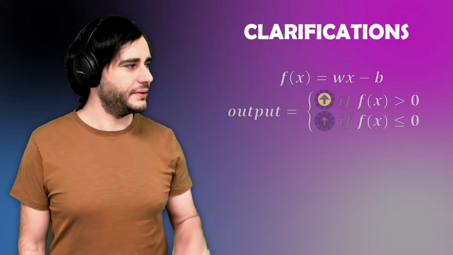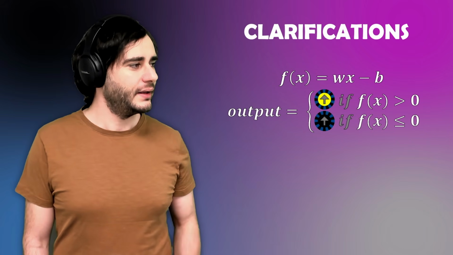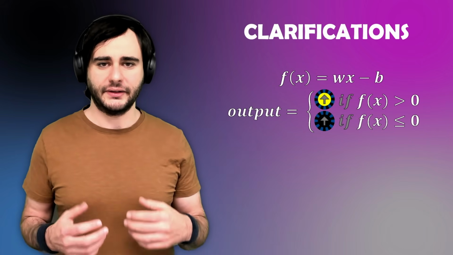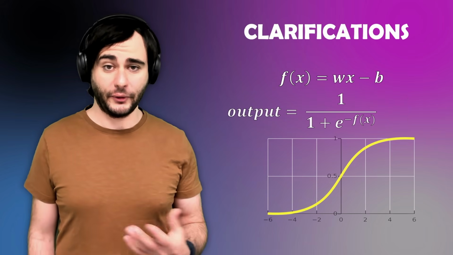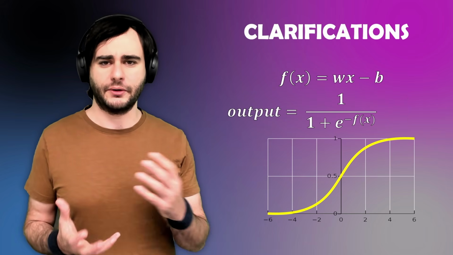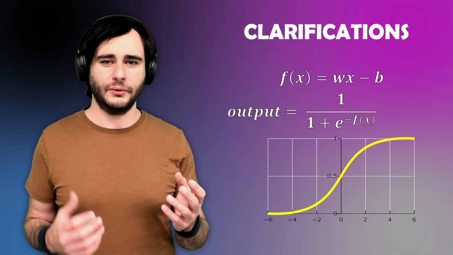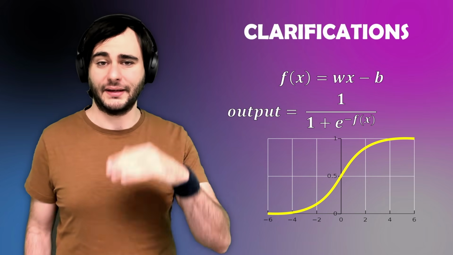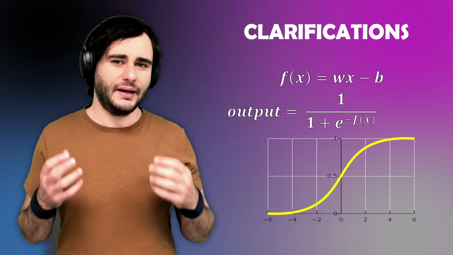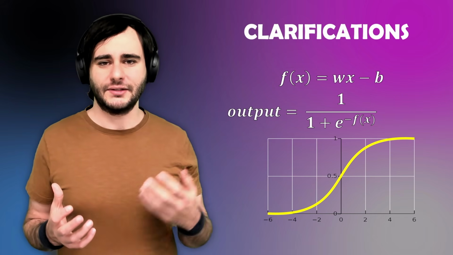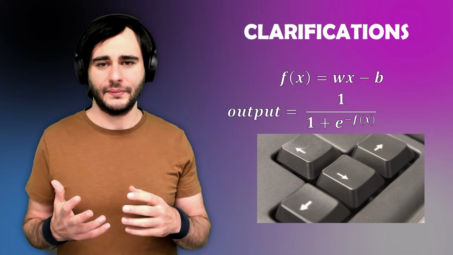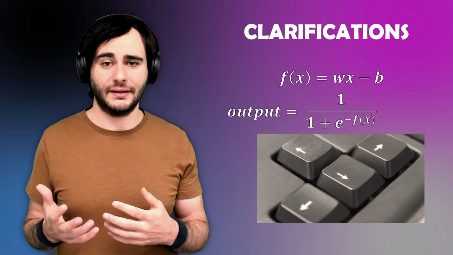Now, this here is called an activation function, and this one in particular is a step function. There are others that are more powerful, like a sigmoid here would produce values between 0 and 1, so the car could be more like in the real world and accelerate more or less depending on the situation. I don't want to teach smooth activation functions because our controls here are binary, and it would make things more complicated.